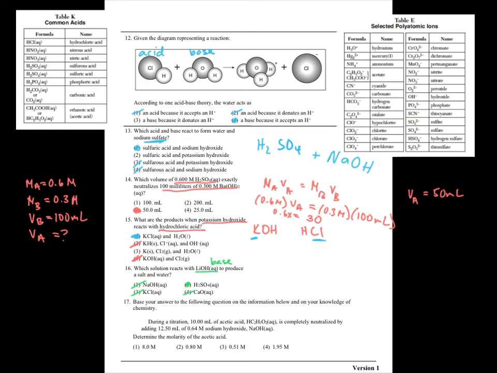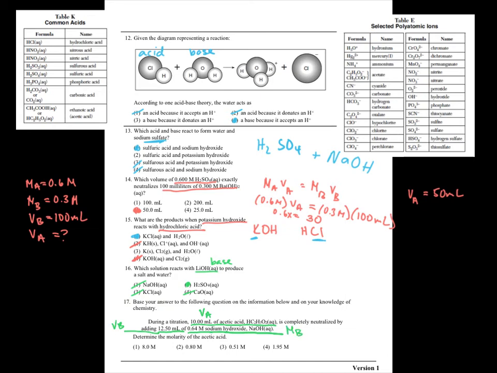It's another titration problem where we gotta calculate this. So use the equation again, but let's label our parts. This is our acid, so this is Va. This here is Vb, and this here is Mb.